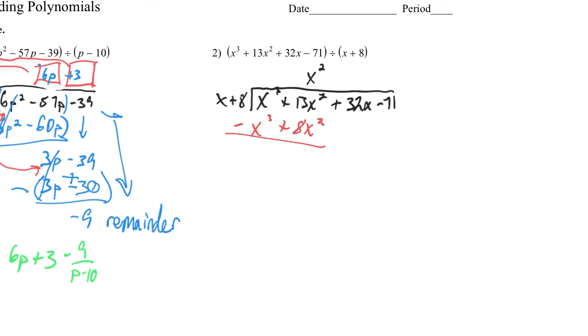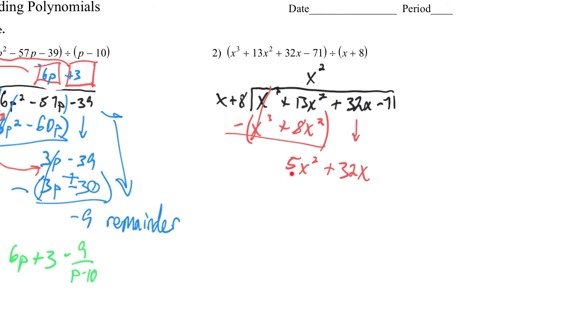Then you always subtract. So the x cubed minus x cubed cancels out. The 13 minus 8 is going to give you 5x squared. Drop down the 32x and do it again. So what number times x gives you 5x squared?